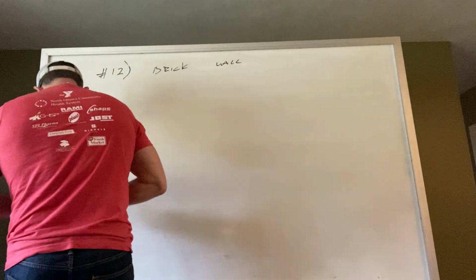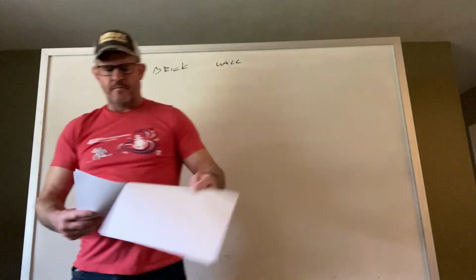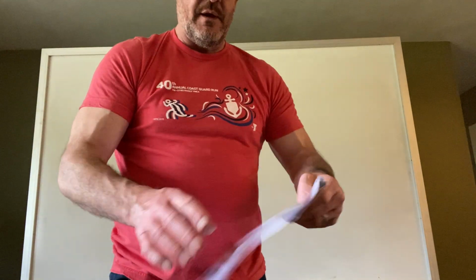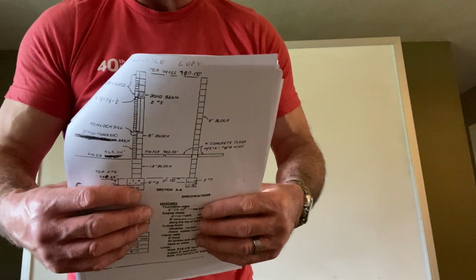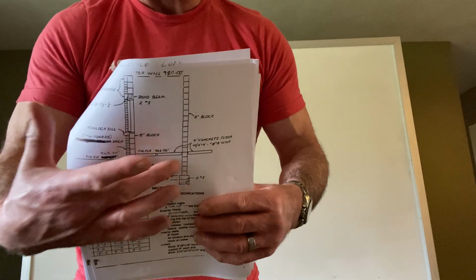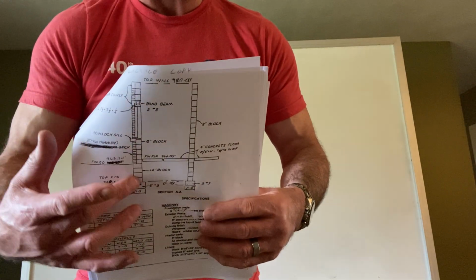Okay, so again, we look at our print, and we can see, if I look at my floor plan, or most importantly this time, my section cut, my elevation, I see that my brick is only on my exterior wall.